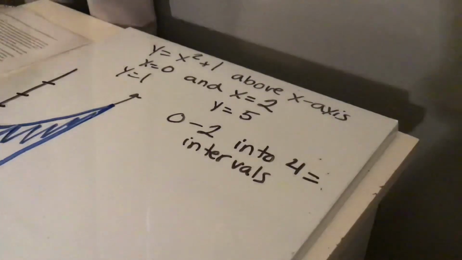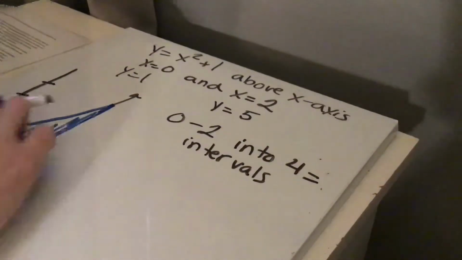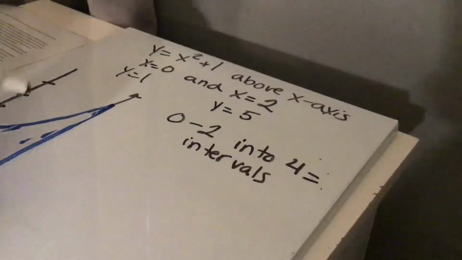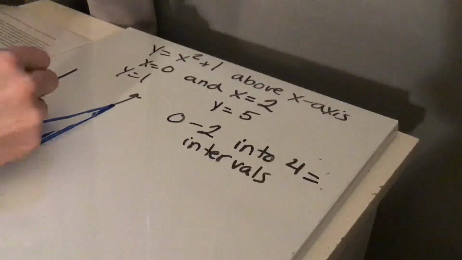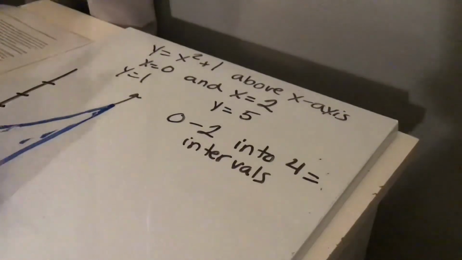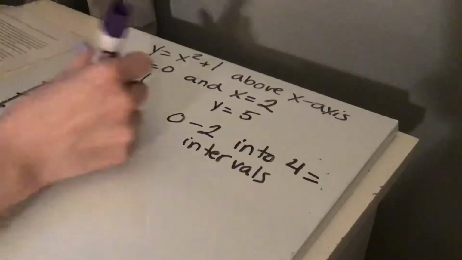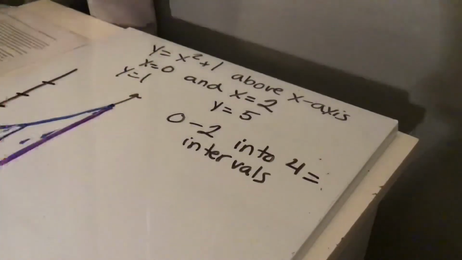Well, each one we're talking about being a width of 0.5, okay? So here's 0.5, then at 1, 1.5, and 2, okay? So here's 1. Let me do this so we can see the bars. Okay, so here's 1 interval, 2 intervals, 3 intervals, and then our 4th, okay?